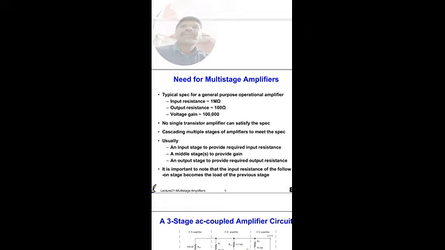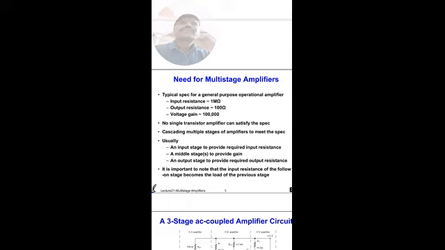Voltage gain is not possible with the CC amplifier, but it has high input impedance. Similarly, current gain is not possible with the CB amplifier, but it has high voltage gain.